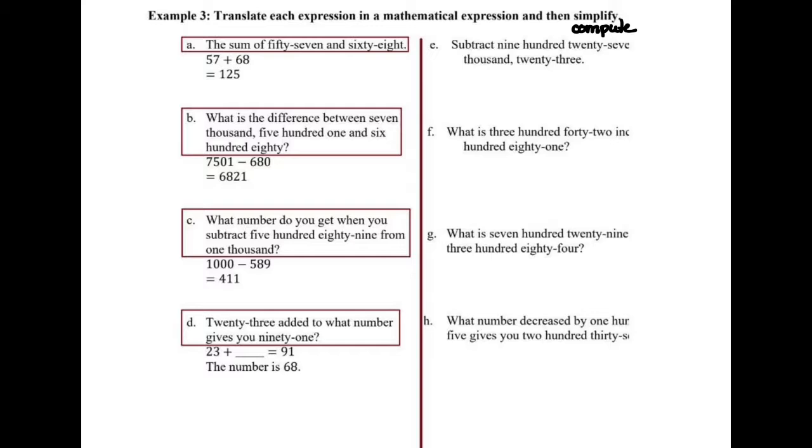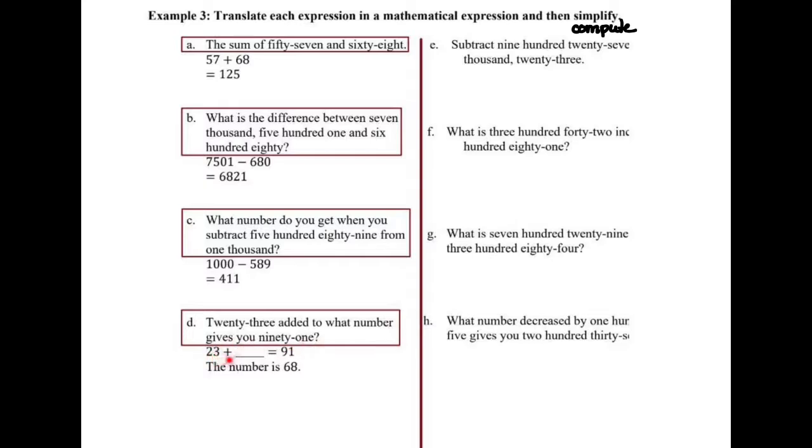Okay, we'll do the actual subtraction on our problems. I'm just going to show you over here how to set them up. What number do you get when you subtract 589 from 1,000? So we're subtracting it from 1,000. You start with the 1,000 and then you subtract. And they got 411. Okay, and the last one here. 23 added to what number gives you 91?